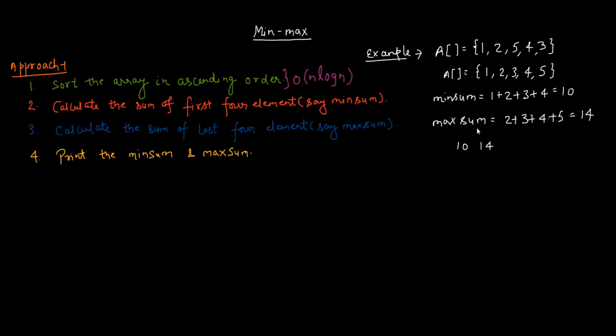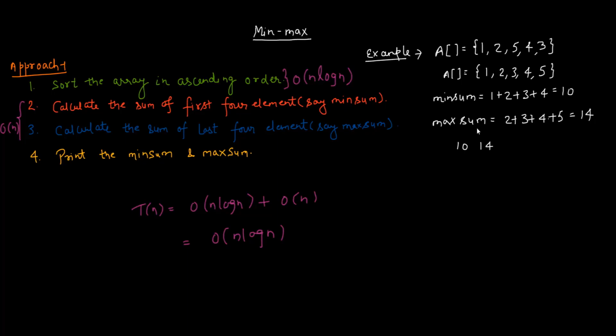Then sorting the array in any order will take around n log n time. And the rest of the operations or steps will take O(n) time. So the total overall complexity of this solution would be n log n, which is not efficient enough to solve this problem. The same problem can be solved much more efficiently.